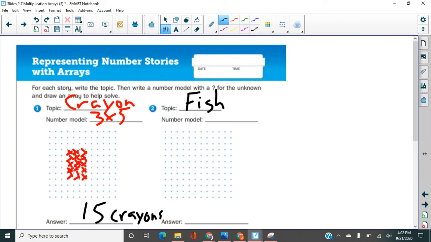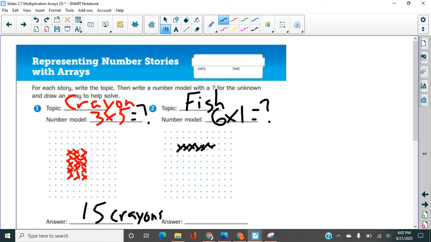6 times 1. Did you say that? 6 times 1 equals. And then, oh, we're supposed to put a question mark here. In the future, you'll put a letter there, and it's called a variable. All right, so we need to go 6 across. Okay, and do we need to add anything down?